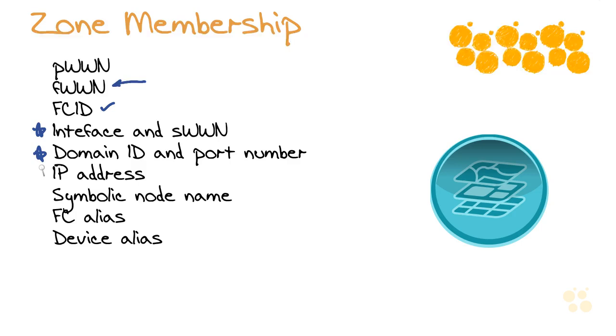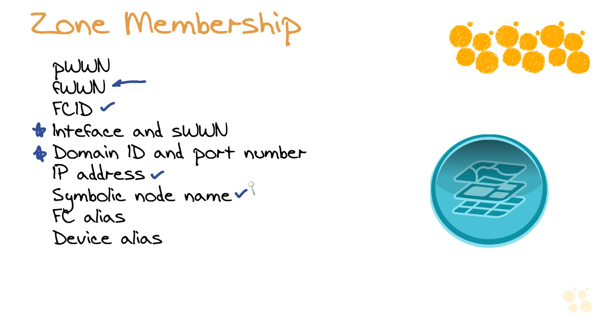Zoning membership can be based on a device IP address. This form is really useful in iSCSI device environments. You could use a symbolic node name. This allows zone members to be defined by their unique symbolic node name, like an iSCSI qualified name or an IP address associated with iSCSI devices.